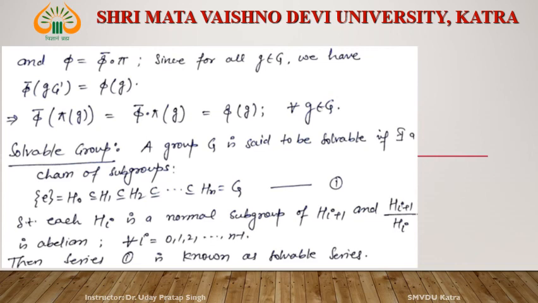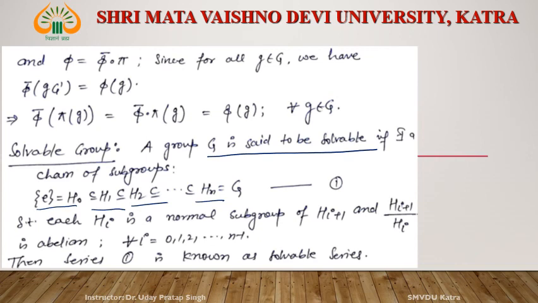Now see another group. What is a solvable group? A group G is said to be solvable if there exists a sequence of subgroups of this form H0, H1, H2, up to Hn, that is Hn is G and H0 is E, right?